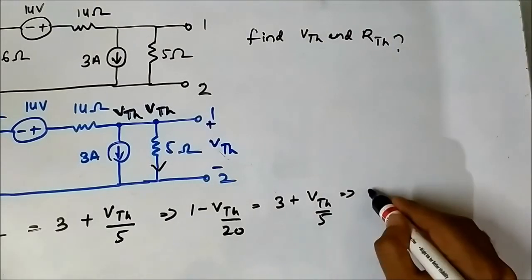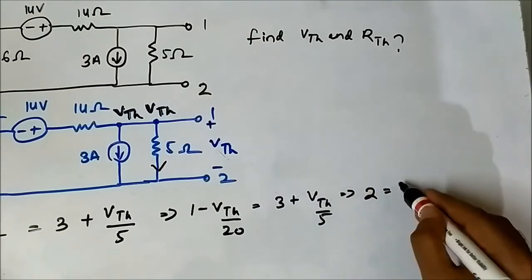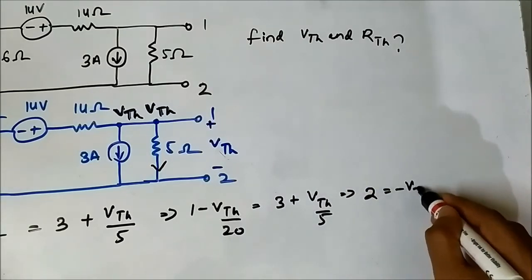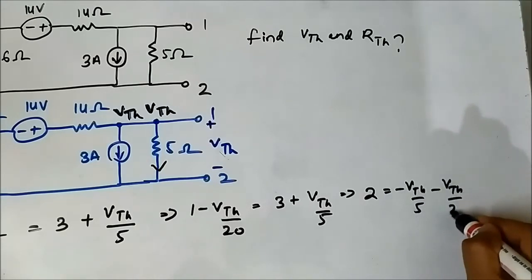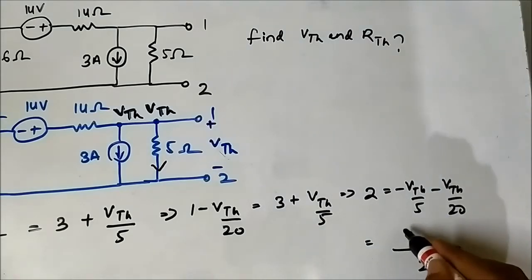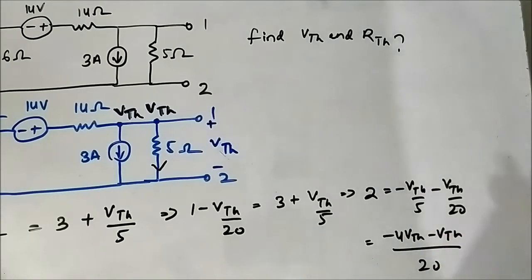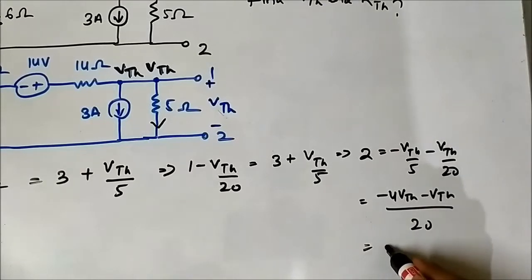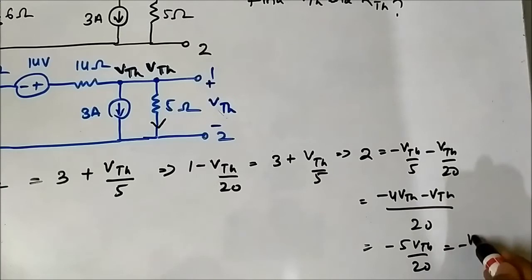3 minus 1, that is 2, we have taken the 1 to this side, is equal to minus VTH by 5 minus VTH by 20, which is equal to, if we take 20 as LCM, minus 4 VTH minus VTH, which is equal to minus 5 VTH by 20, which is equal to minus VTH by 4.